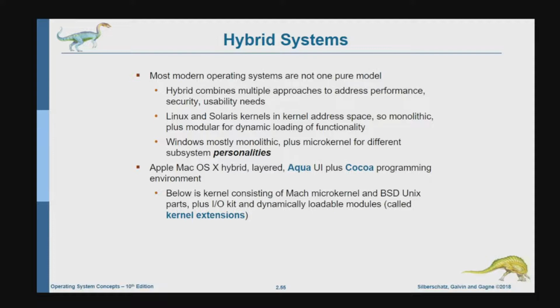Okay, Linux and Solaris kernels are in kernel address space, so monolithic at first, plus modular for the dynamic loading of functionality. Windows is mostly monolithic plus the microkernel for different subsystem personalities.